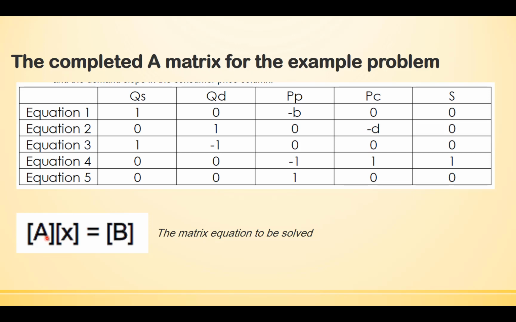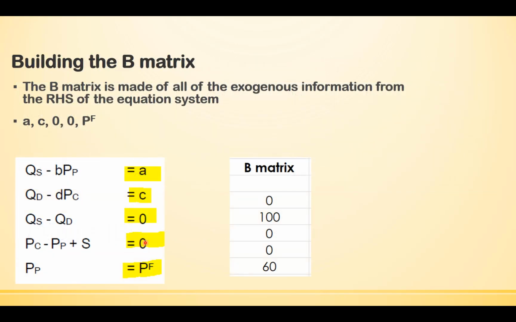And so this coefficients matrix times x has to be equal to all the exogenous pieces that got moved to the right hand side. And so this is the equation we're going to solve using the matrix information and Excel's tools.